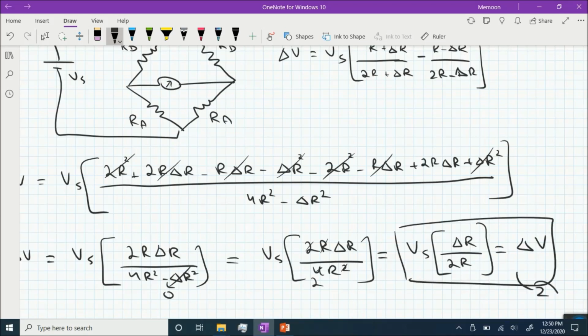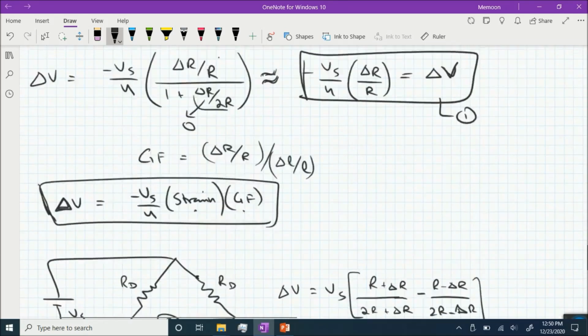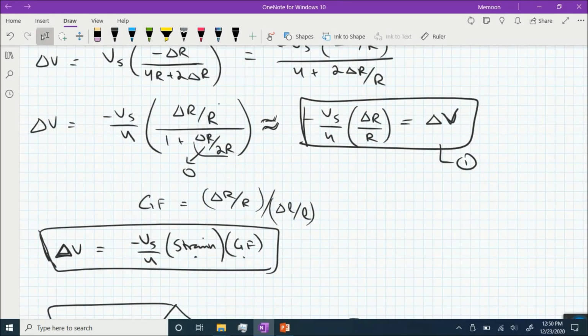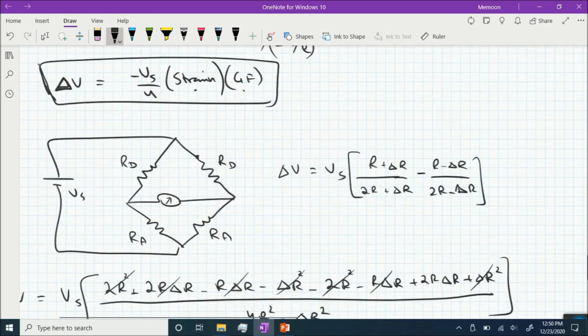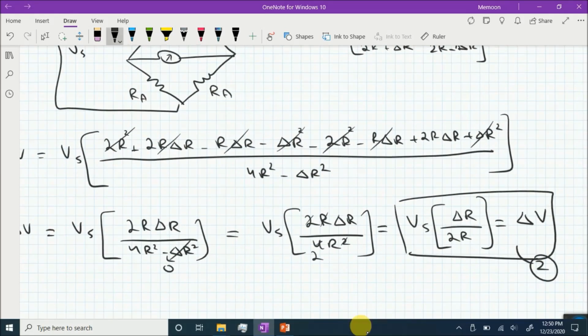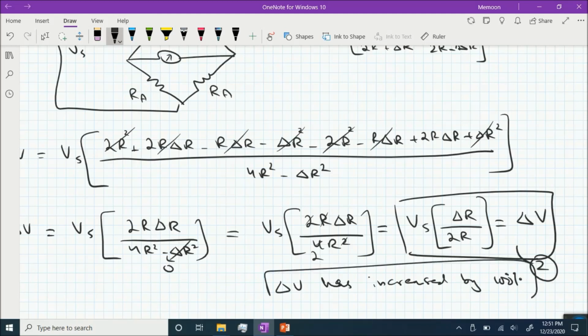Call it equation 2. And let's compare these two equations, equation 1 and equation 2. Your equation 1 was delta V is equal to negative Vs over 4 into delta R over R, and your equation 2 is Vs over 2 into delta R over R. So your delta V has increased by 100%, or it has become 2 times.